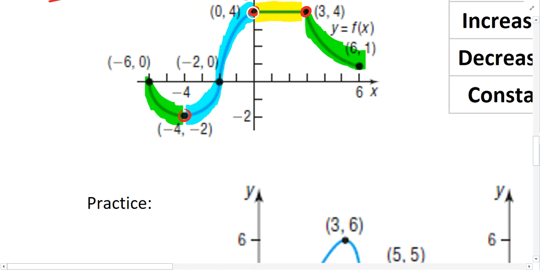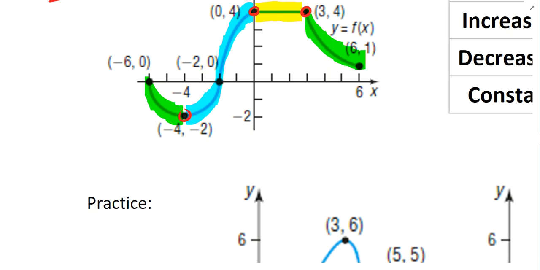At this particular spot, we can't really say that the function is increasing or decreasing. It's at a point of transition. Now here, even though that's a point on the graph, we would say that the function is continuing to increase all the way through that point. We haven't reached a point in which we level off. So that one's not going to be a point of transition, but these other 3 points are.